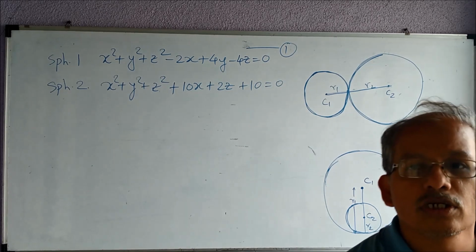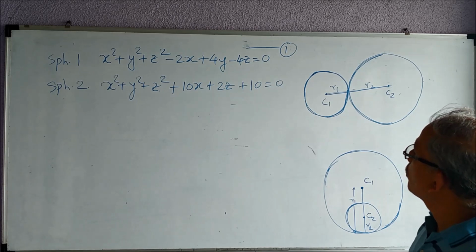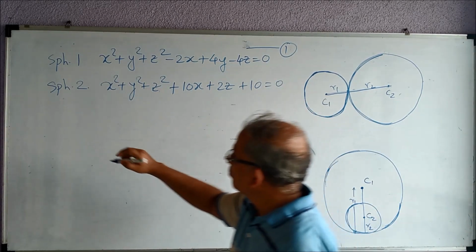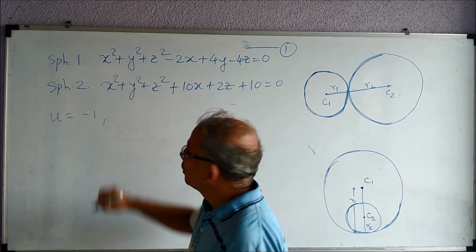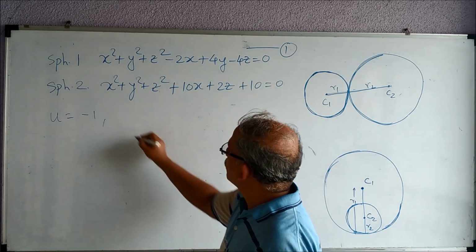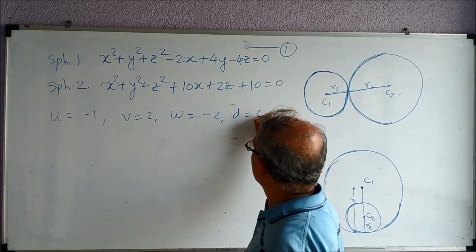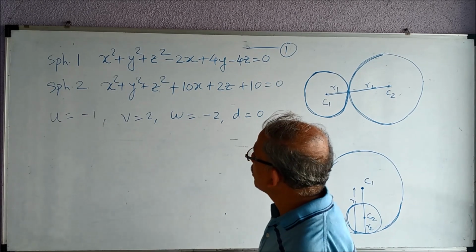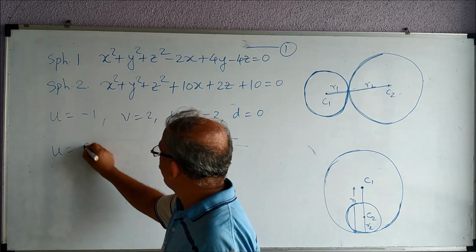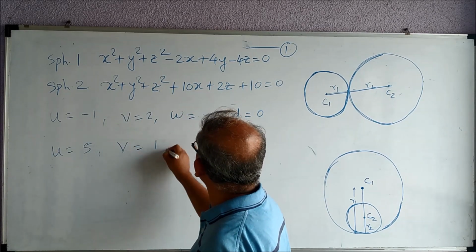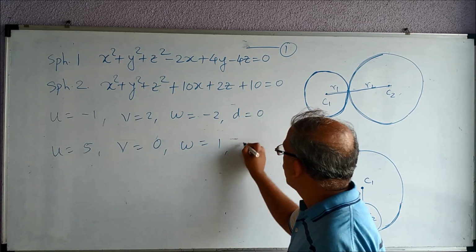So these are the two equations of the two spheres. Comparing these equations with the standard form, for sphere 1, u is equal to minus 1, v is equal to 2, w is equal to minus 2, and d equal to 0. Similarly from equation 2, u is equal to 5, v is equal to 0, w is equal to 1, and d equal to 10.